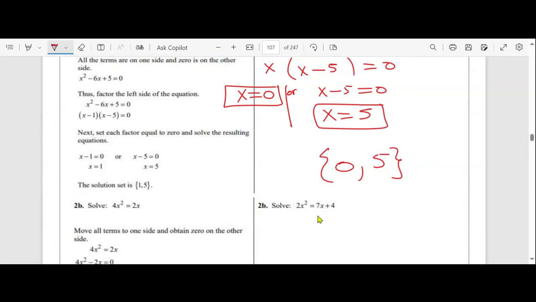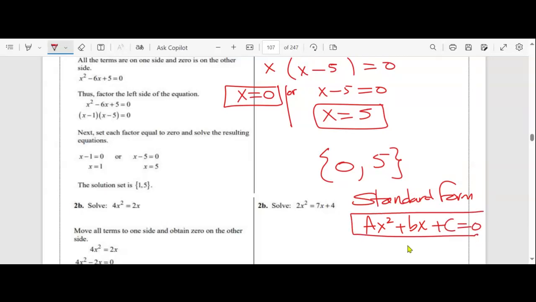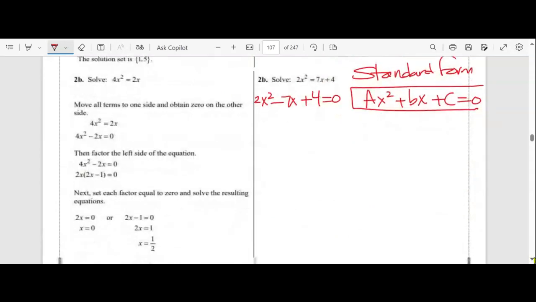Next one. I have to write it in standard form. What's the standard form? ax squared plus bx plus c equal 0. So this one is going to be 2x squared minus 7x plus 4 equal 0. Can you see that?